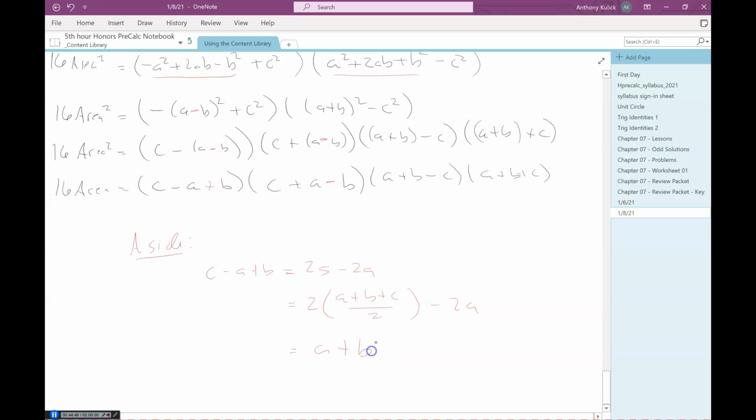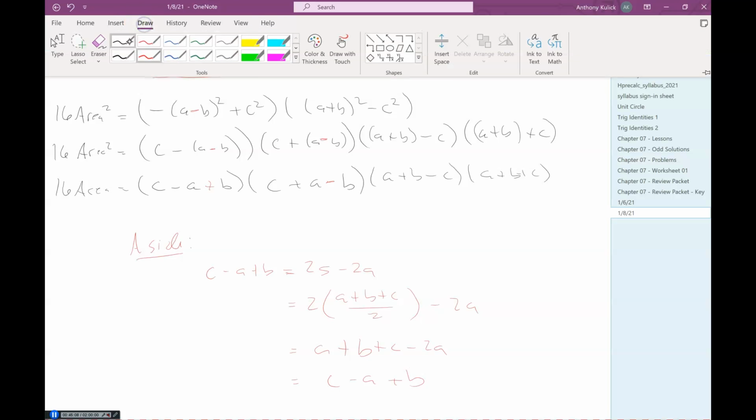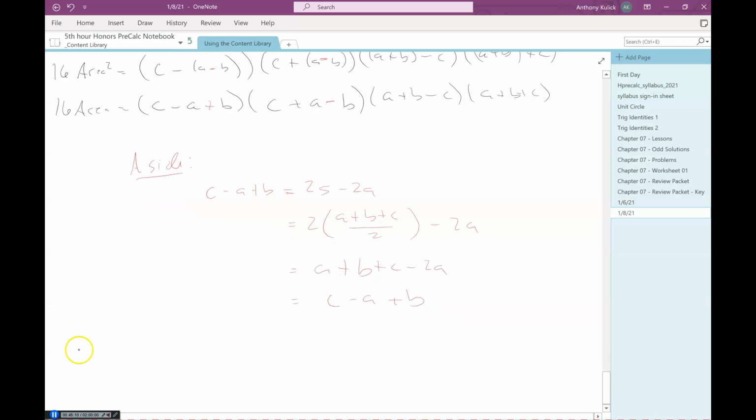So the 2's cancel out. And then if I subtract the 2a, I have a negative a left, and exactly what I'm supposed to have, right? We see that? So I'm going to make that substitution, and I'm going to make similar substitutions in the other pieces.